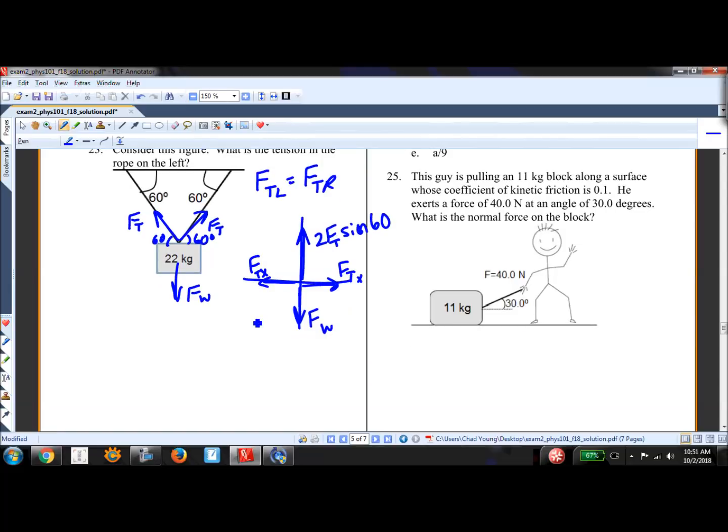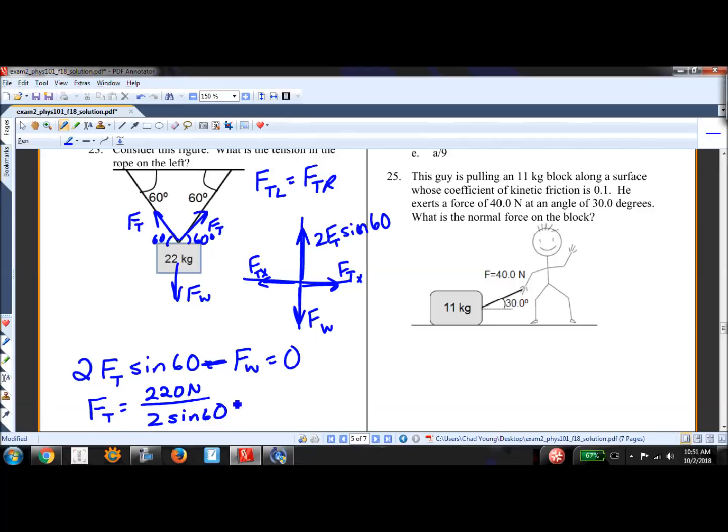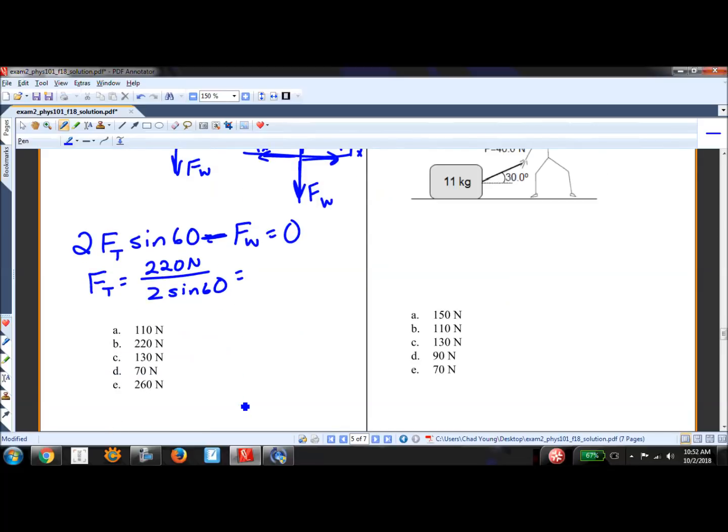So to find FT, I say 2 FT sine of 60 minus the weight is equal to 0 because it's a static situation, and then I have Ft equals the weight, which is 220 newtons, divided by 2 sine of 60. It's 110 over 7. That's equal to 130 newtons.